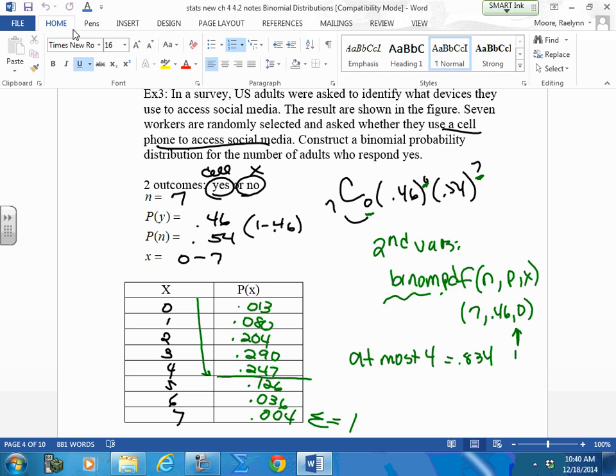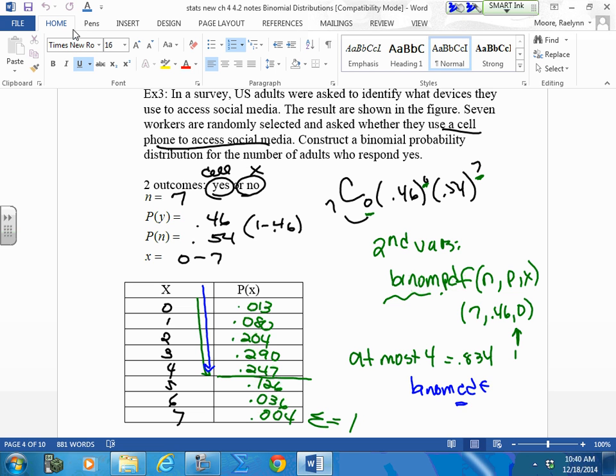I want to show you what the binomial CDF is. C stands for cumulative. You know when you do your cumulative histogram, you start at the 0 and you keep adding all the way each time? We do the same thing here. We start at the 0 and we keep adding up until we hit the number that we want to hit. It only works from the lowest to the highest.